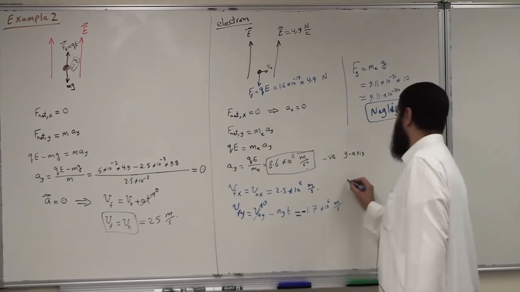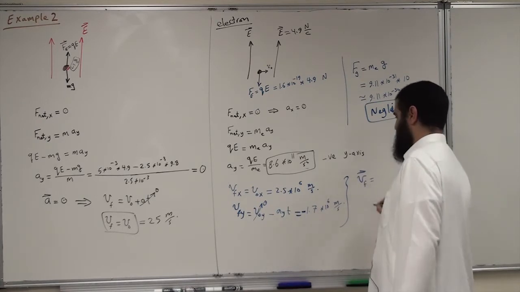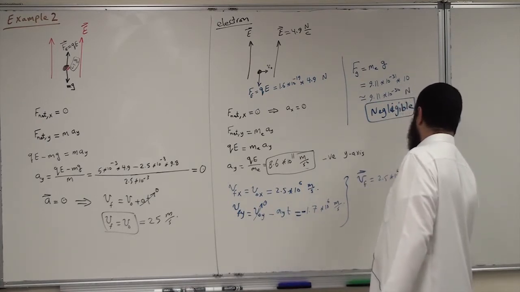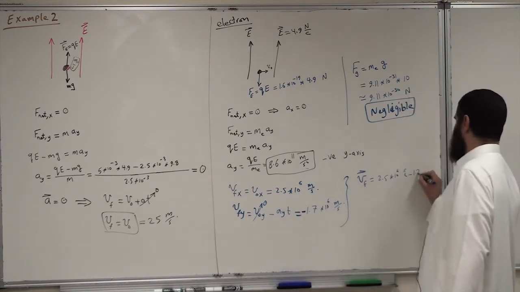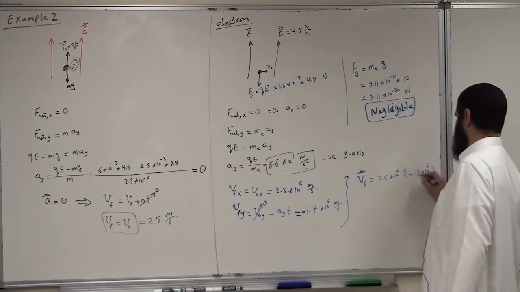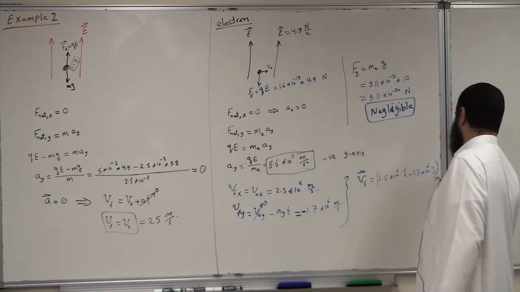If you want to find the velocity, I can write it: V final equals 2.5 times 10 to the power 6 in the positive i minus 1.7 times 10 to the power 6 in the negative j, and all of this is given in units of meters per second.